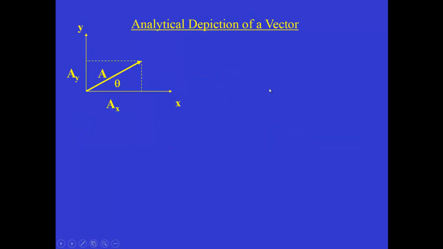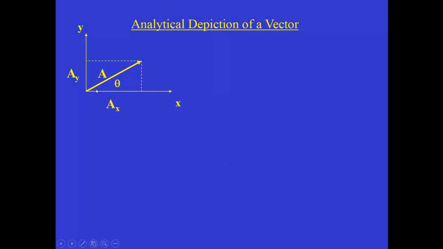But we often want to be able to do analytical calculations, especially those involving numerical quantities, and we might want to add two vectors together. For example, if the two vectors represent physical displacements, we'll want to add them together to get the net displacement.